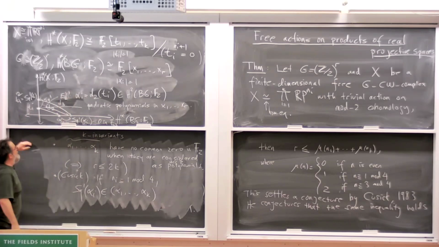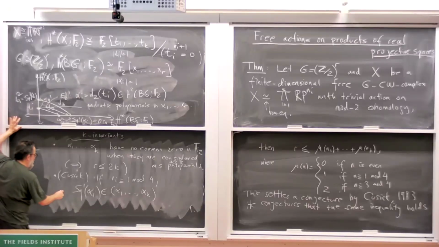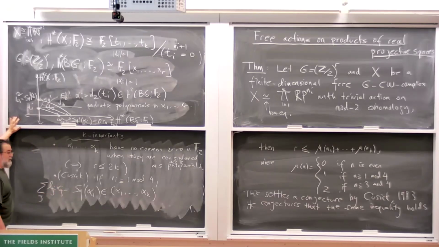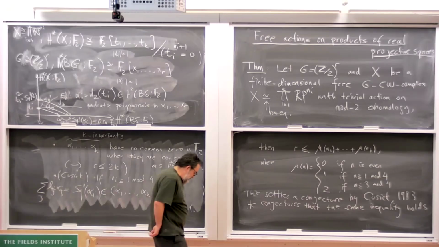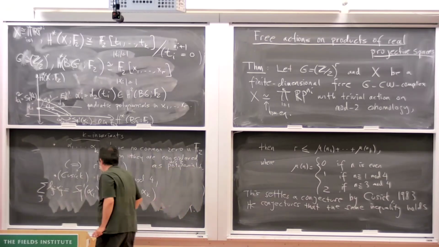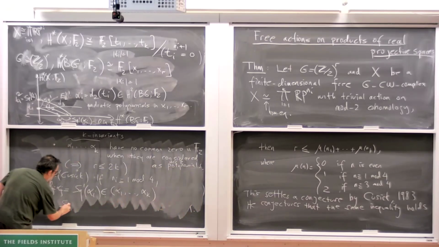And because it hits it, you can show that SQ1 alpha I can be written as a sum of some linear polynomials times something. So this is his argument. He combines this with a result by Serre.